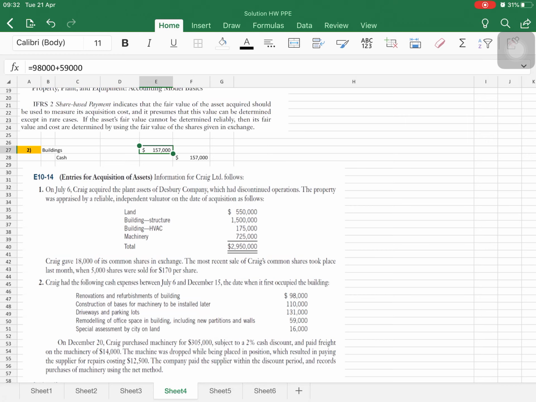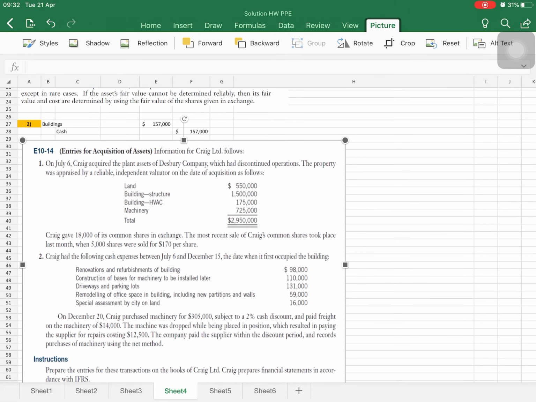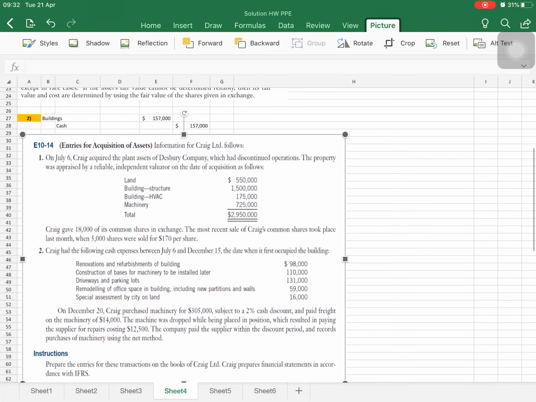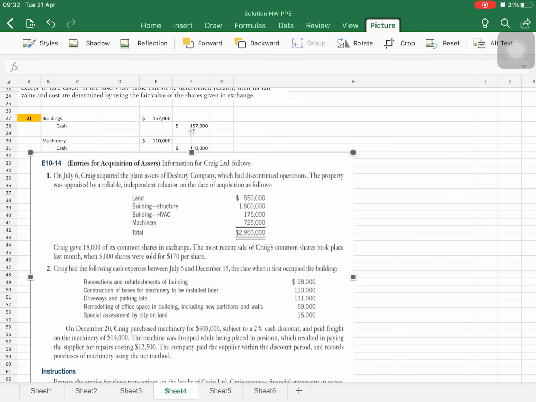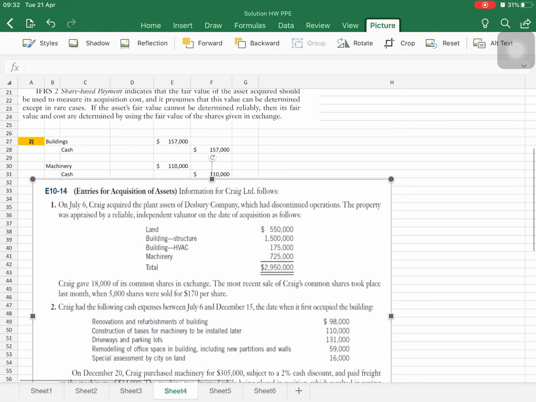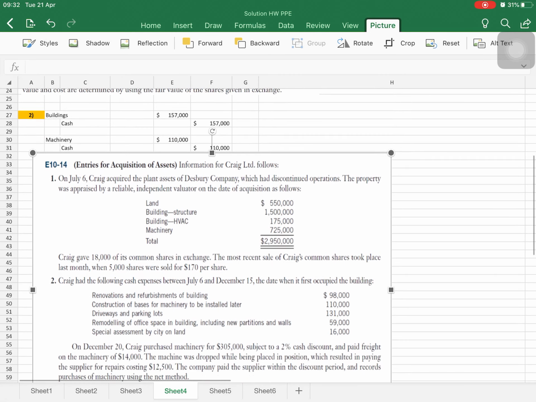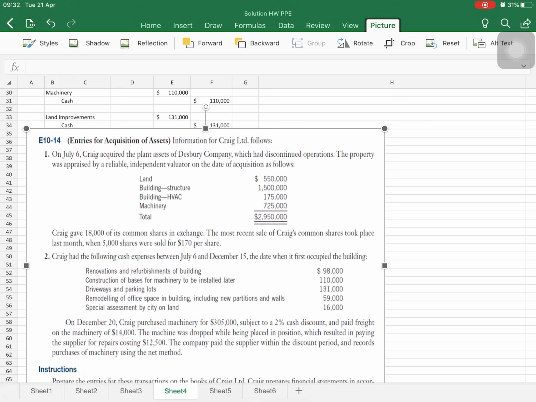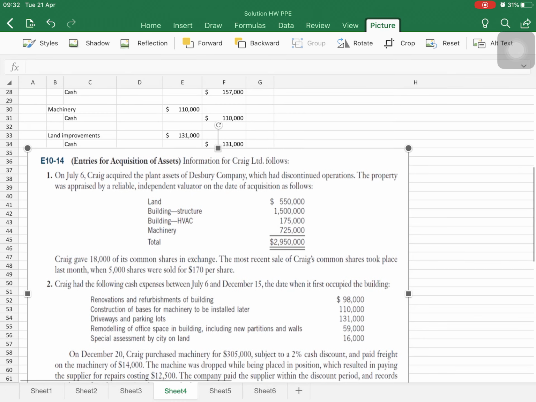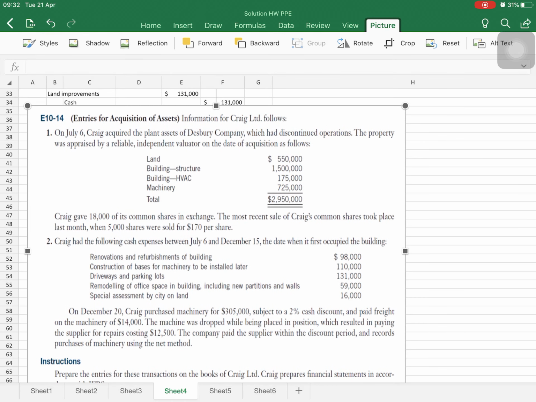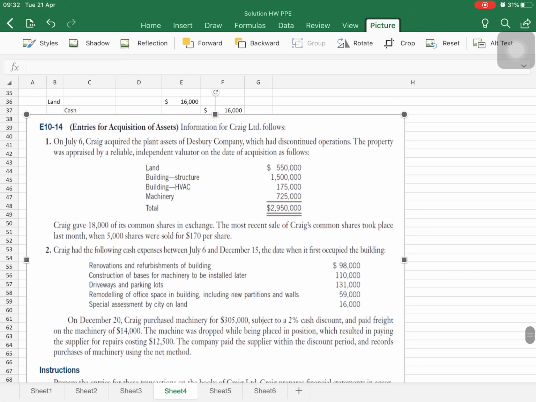And then next one, you record the machinery. So debit machinery 110,000 and then cash 110,000. And then next is the land improvement, 130,000 on debit and cash 130,000. And the next is about land, 16,000 and cash 16,000.